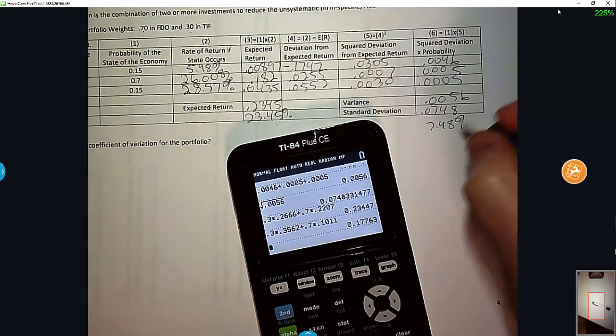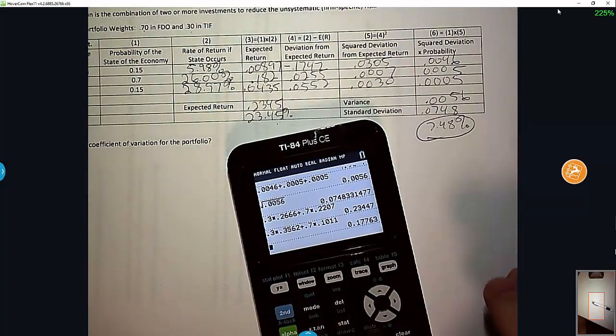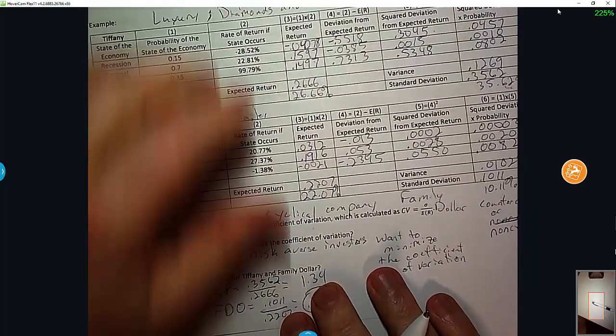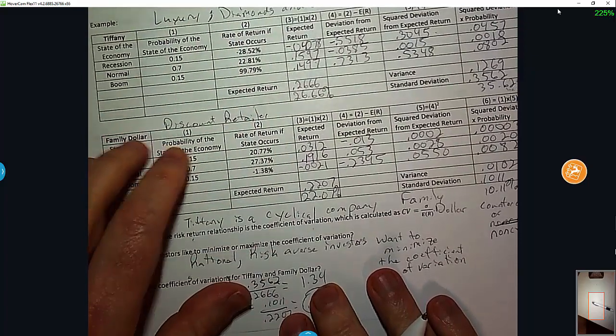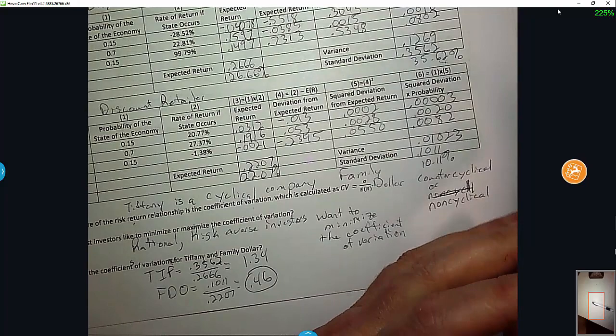And what I get in my calculation is 7.48. That is not a mistake. That happens because we're combining 2 stocks that are very different, that have different outcomes in different states of the economy. And by doing that, we're diversifying these stocks to make the outcome of our portfolio less extreme.